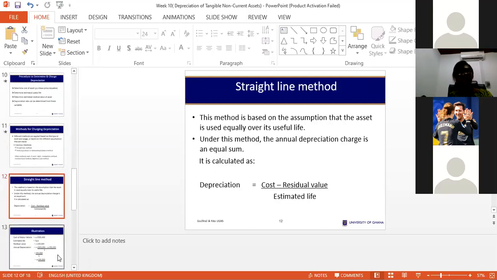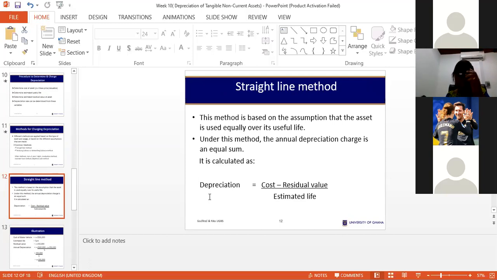Now I'll take the first one, the straight line. The name just spells it out. It is a straight line, a common figure. This method is based on the assumption that the asset would be used equally over its useful life.